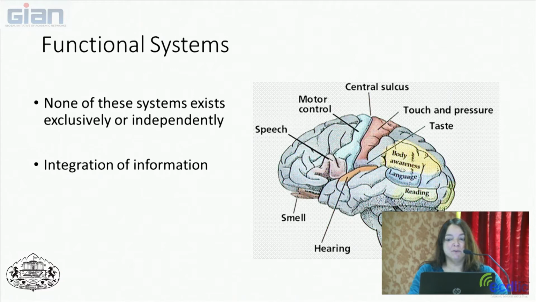Functional systems of the brain are, like I mentioned, integrated. They integrate information. And although they have spatial locations in the brain where different things are processed, none of these systems exist exclusively or independently. For example, maybe when you go to breakfast in the morning, you see the food, you can smell the food.